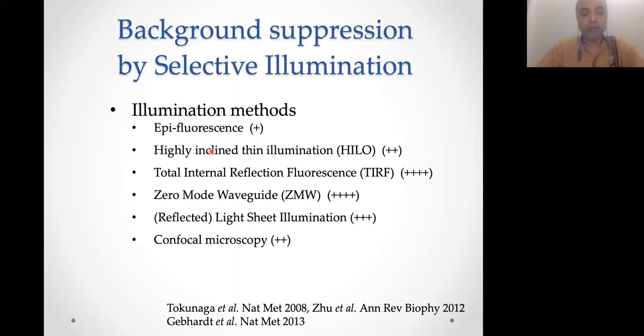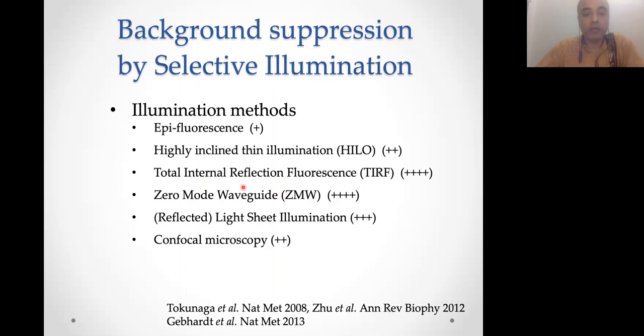Epifluorescence is usually the least preferred way, until your cell is really a dark cell to start with. Most of the time, this is never the preferred way. The more common ways that people do imaging are either highly inclined thin illumination, the HiLo method, or, if your protein or your system is close to the cell membrane, total internal reflection fluorescence microscopy.